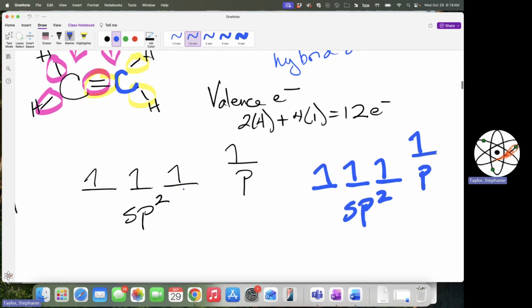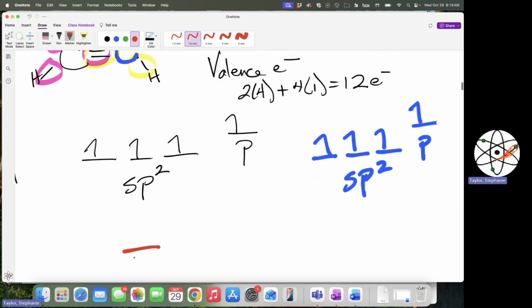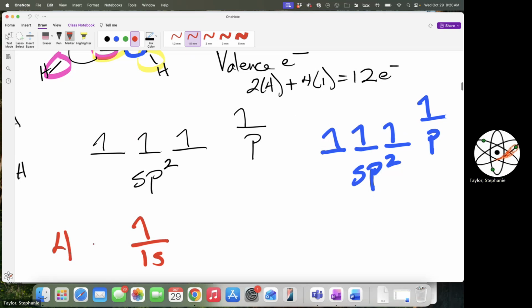Now, what's happening here is because these are all forming bonds, every hydrogen is bringing that 1s. So hydrogen is bringing 1 electron in a 1s every single time. So essentially I have 4 of these, one for each hydrogen, and that actually gets me all of my electrons.